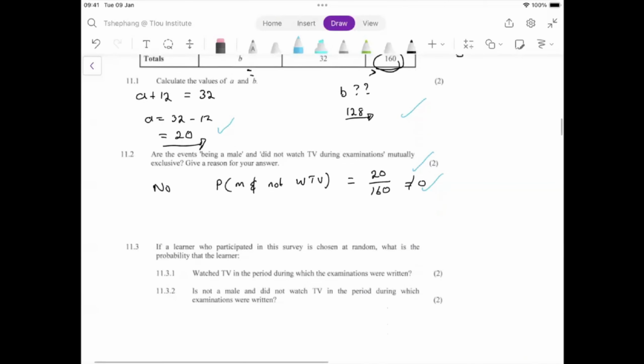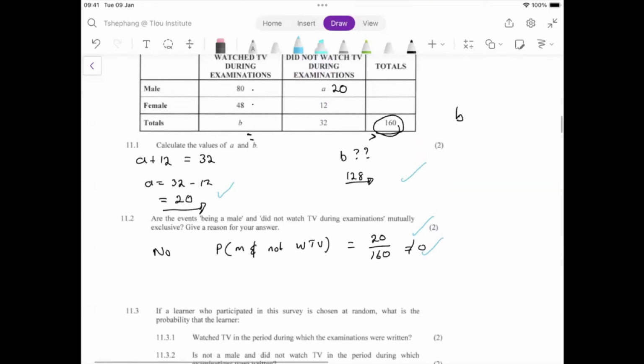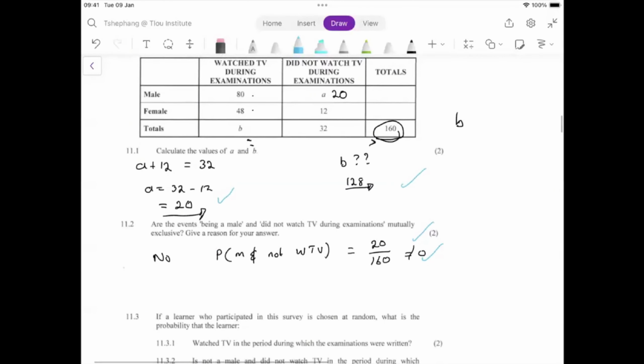So I'm going to write it this way. So the probability of watching TV is going to be equal to how much? How many people watched TV? Scroll back up. Okay, maybe let me do it this way here so that we can still see this is that one there. And then I will do that one over there.